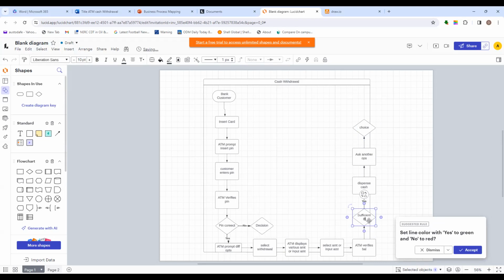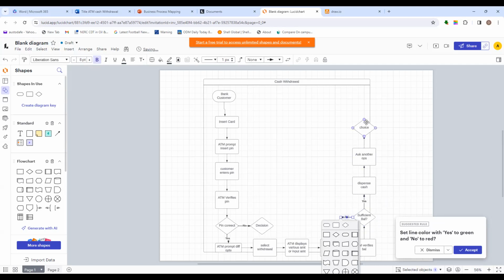Sufficient balance. Sorry, sir, that's the sufficient balance, the decision part. If yes, no, the alternate. We'll come to the no. This arrow should be the no. Is that not so? Yes.